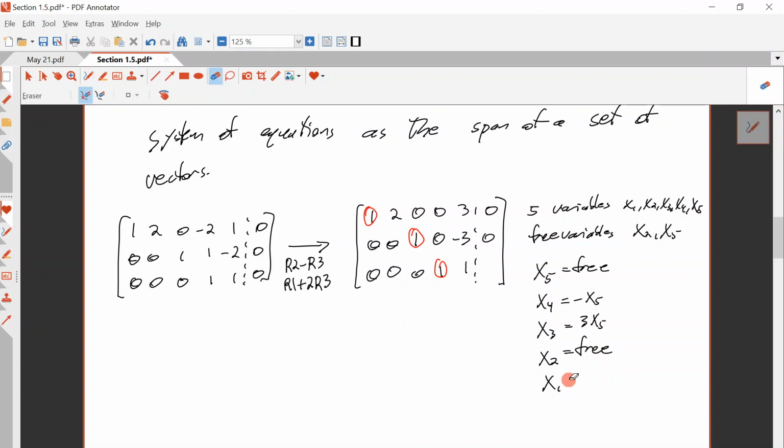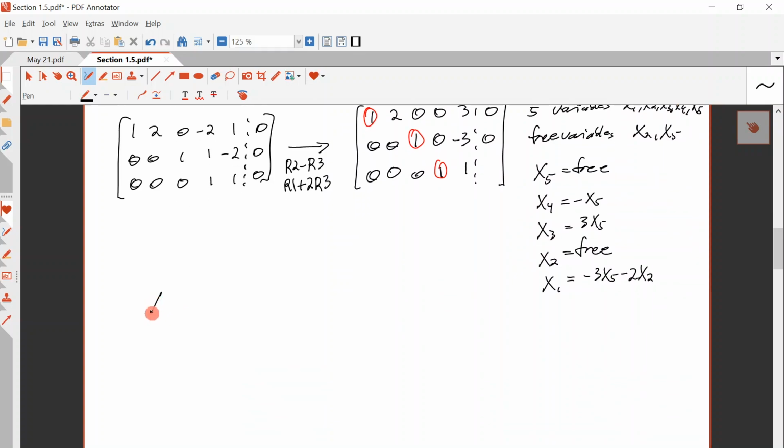And x1 is minus 3x5 minus 2x2. Okay? So the solutions look like this.